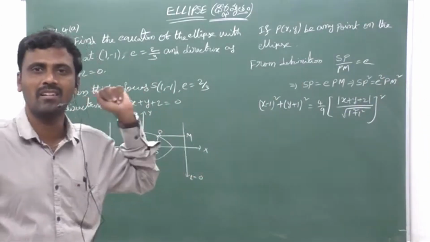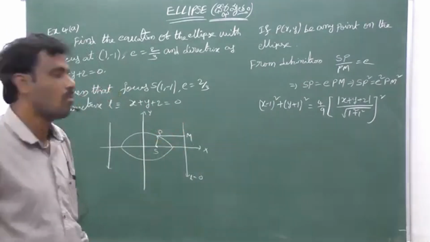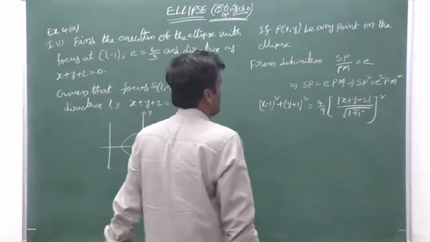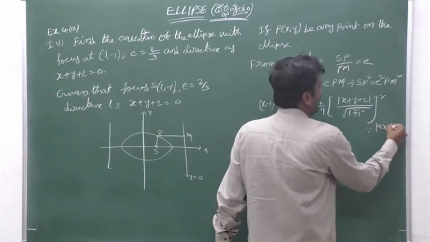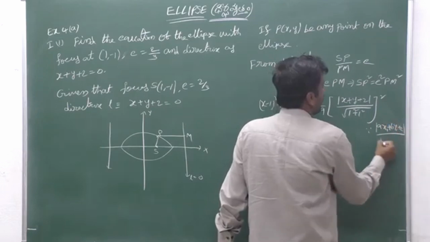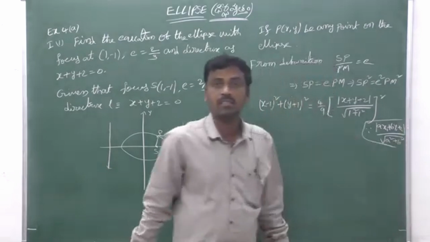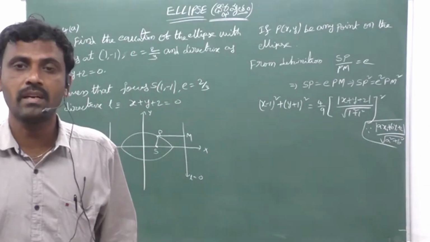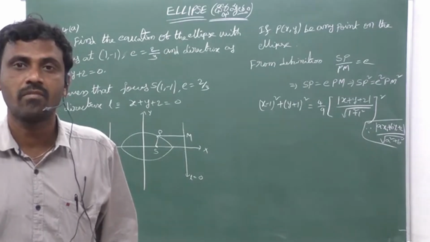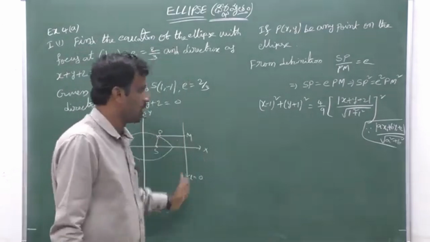That is the formula for the perpendicular distance from a point to the given line: modulus of (ax1 plus by1 plus c) by root of (a square plus b square), from straight lines.